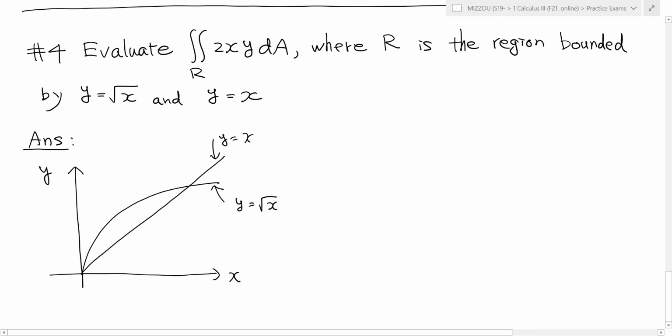R is the region bounded by those. That means here. This is the region of our integration. And the points of intersection are 0, 0 and 1, 1. Let me move it down a little bit.